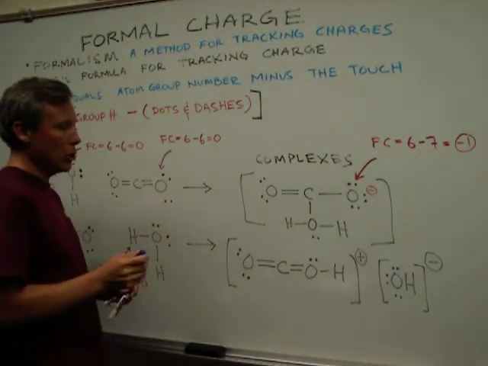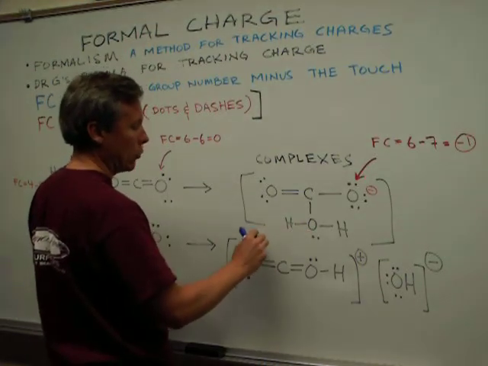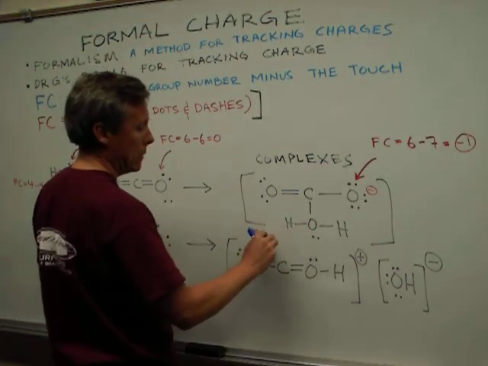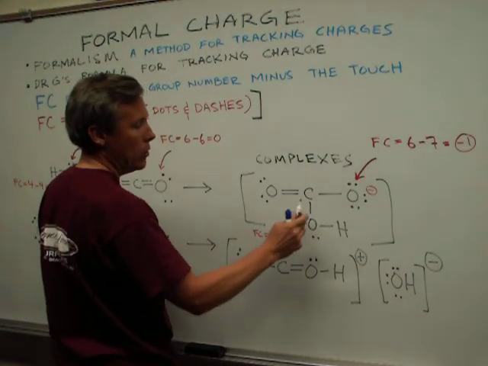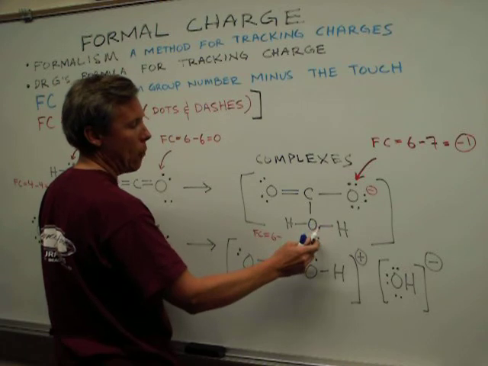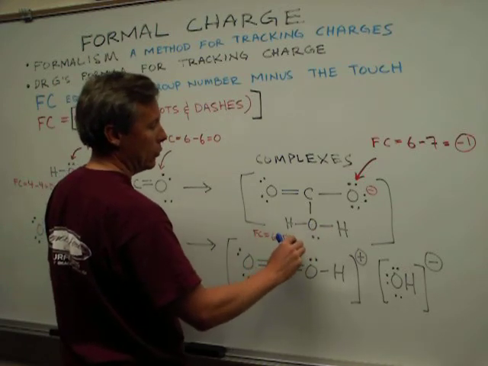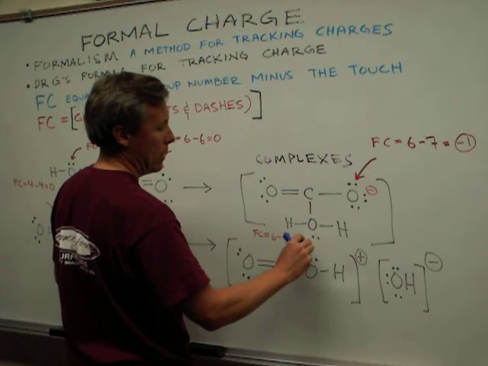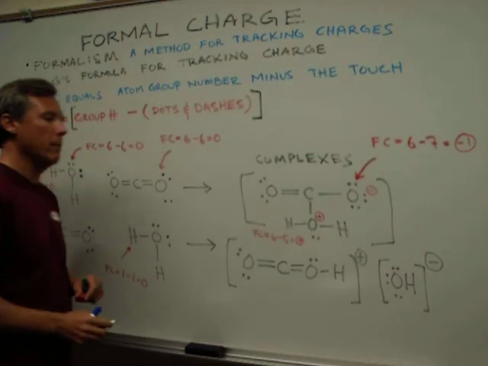If we wanted to calculate the formal charge on this oxygen, formal charge of this oxygen, again, is group number 6 minus 1, 2, 3, 4, 5. 6 minus 5 is equal to +1. So the formal charge on this oxygen is +1.